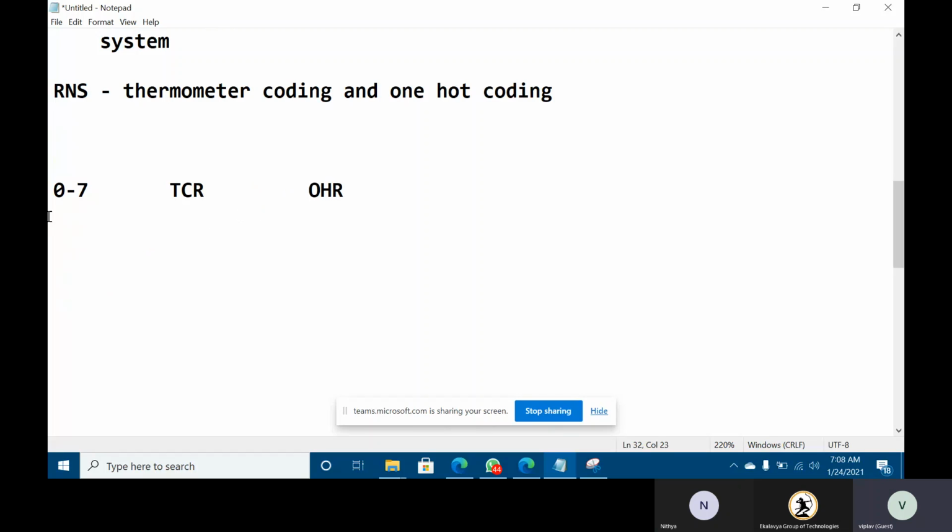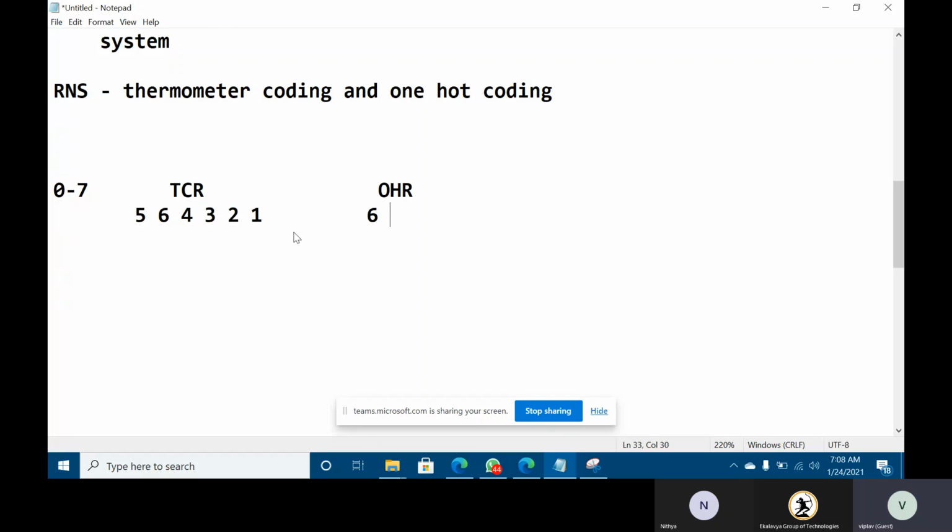Before going to this, suppose I write the indexes here. For TCR and OHR, we need an index. So what is the index?